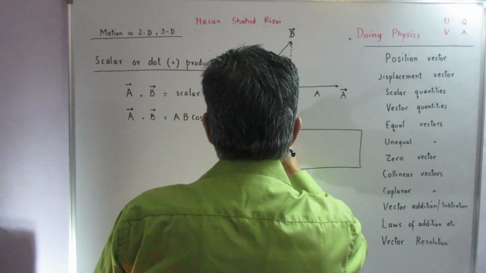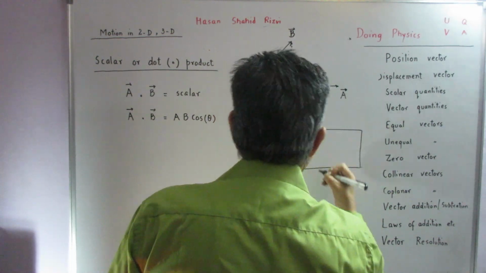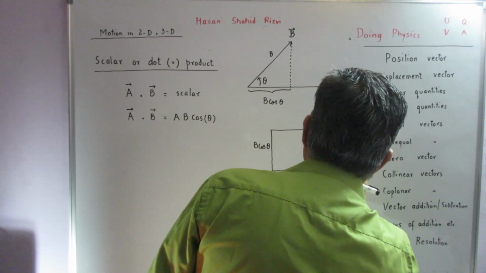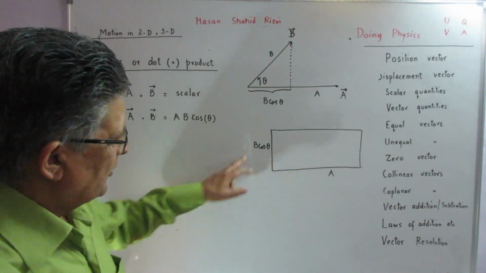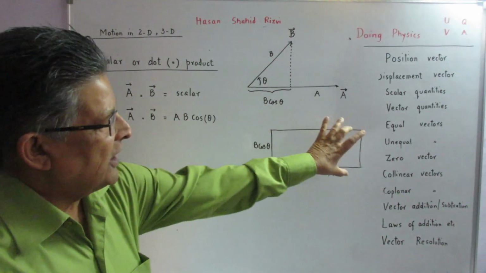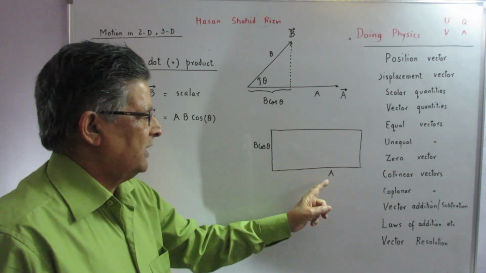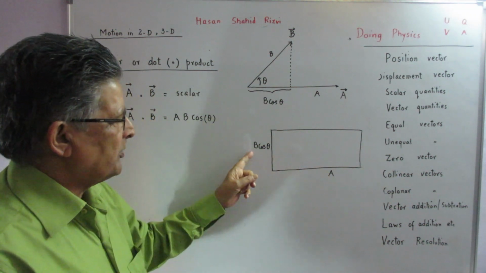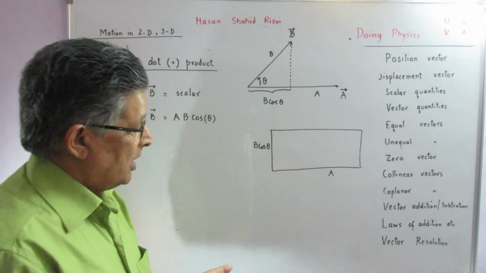In this case, I will shift it, and just to make you understand, d cos of theta, and this is a, and therefore these two quantities are multiplied with each other. So the area now becomes in the units of the unit of a multiplied by unit of b. Of course, the cos theta has no units.